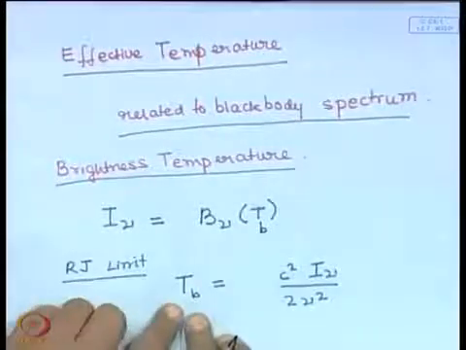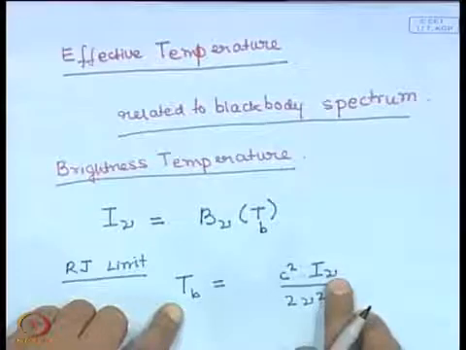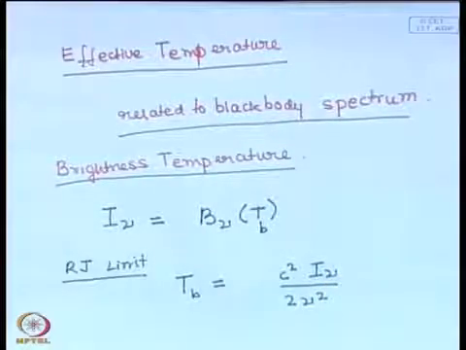Okay. So, this is another way of quantifying the specific intensity, and it tells you the brightness of the radiation. It associates a temperature, which quite often is easier to interpret. We have a better feeling for it. It comes out in units of Kelvin, whereas the specific intensity is in units of joules per meter square per hertz per second per steradian.